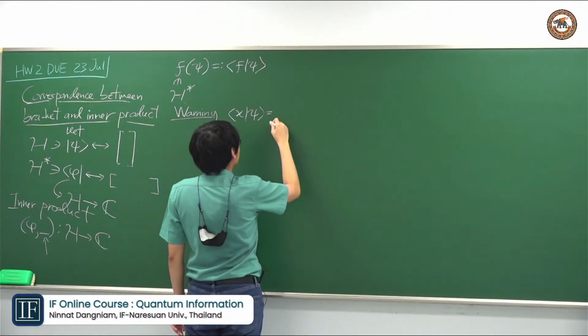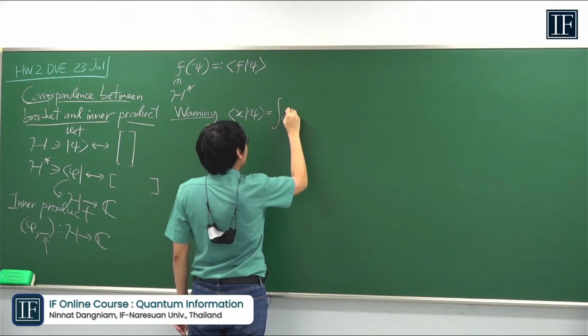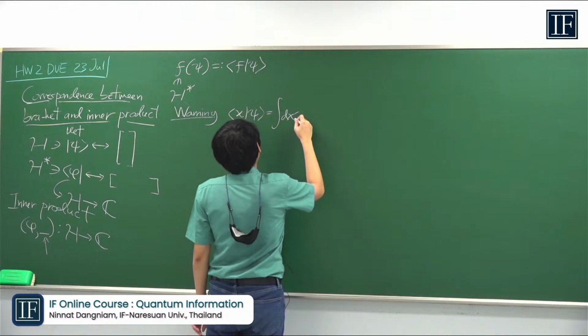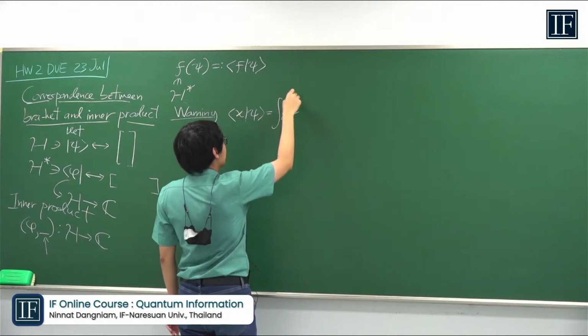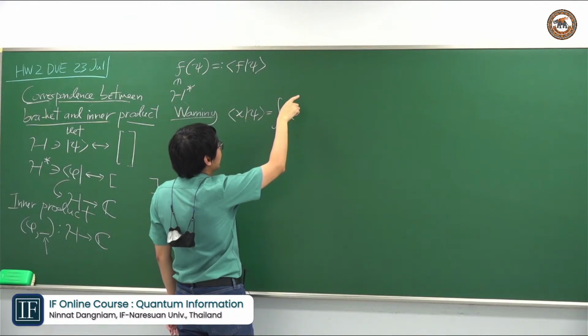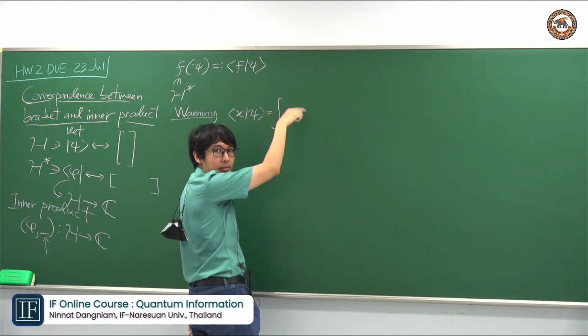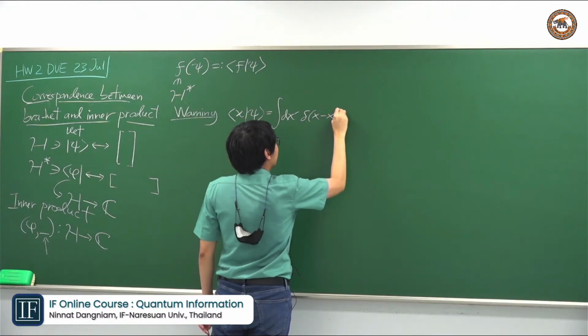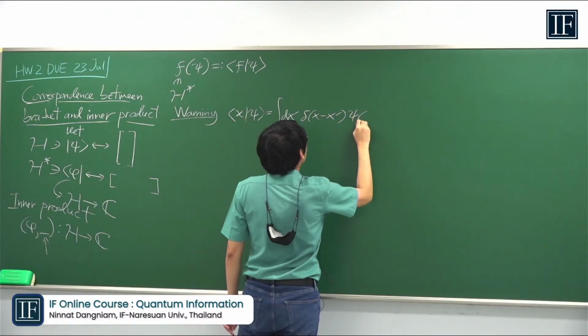But if I insert the identity, it's like <x|x'><x'|psi>, and you know that <x|x'> is the delta function.